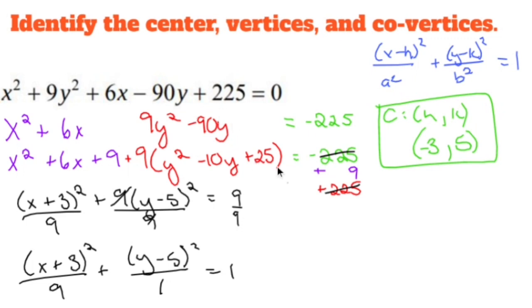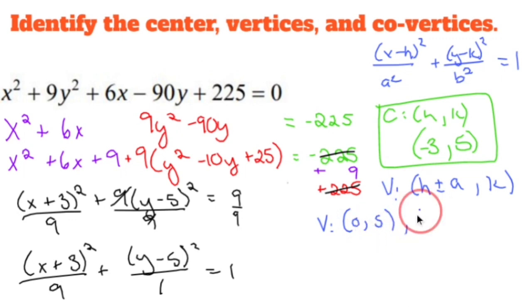My vertices are given to me by the formula h plus or minus a, k. A is the square root of 9, which is 3. So my vertices are going to be h plus 3, or negative 3 plus 3, k doesn't change.